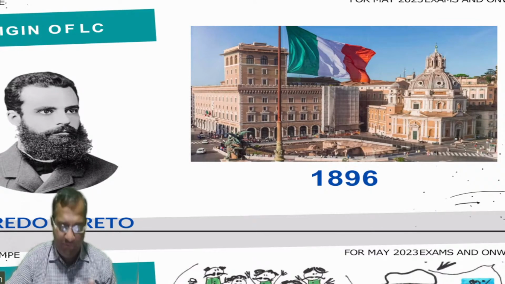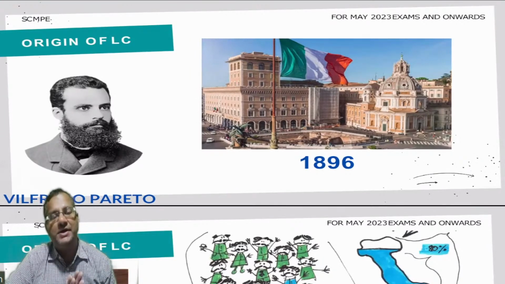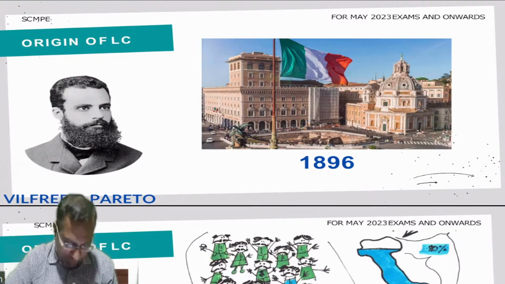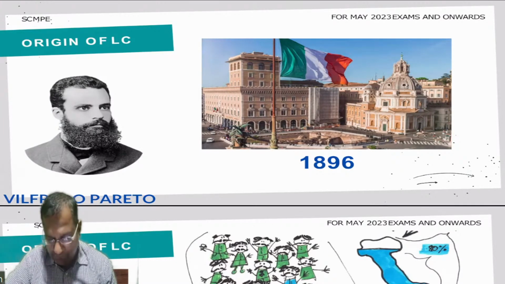The concept has been given by Wilfredo Pareto, an Italian economist. इन्होंने एक रिसर्च किया था अपने कंट्री में इकोनॉमी से रिलेटेड, and the observation is 80% of wealth of Italy is owned by just 20% of the Italians.